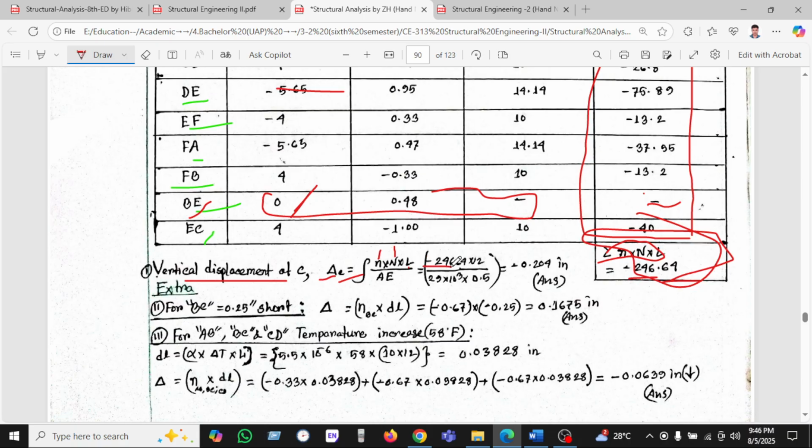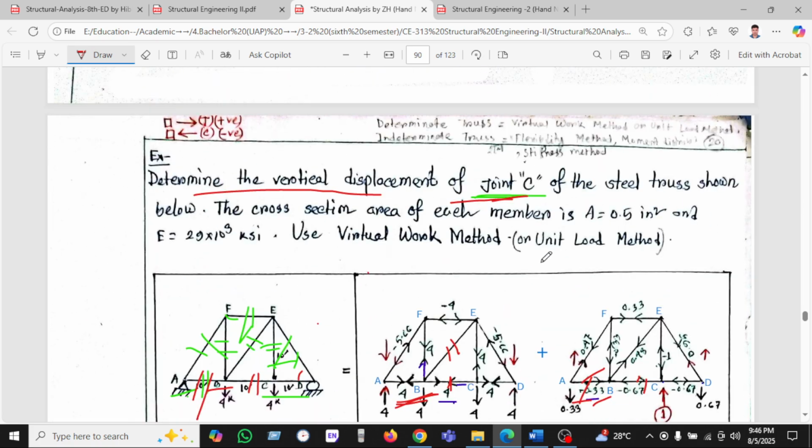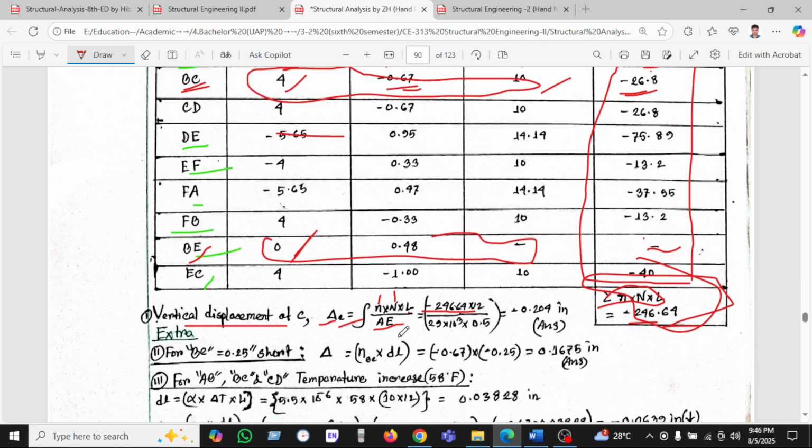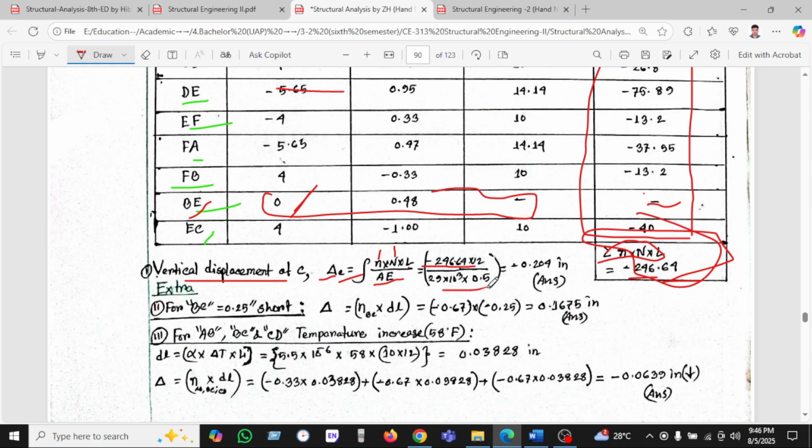So we put all these values here. A is given in the question as 0.5, and E is given as 29 times 10 to the power 3. Putting in all these values, we found minus 0.24 inches.